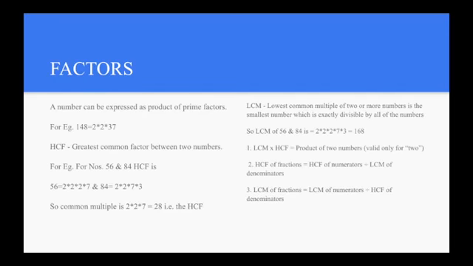For example, if someone asks what would be the HCF of 5 by 3 plus 2 by 5, I would take the HCF of the numerators and the LCM of the denominators. And if I have to find the LCM of this, I have to search for the LCM of the numerators divided by the HCF of the denominators.